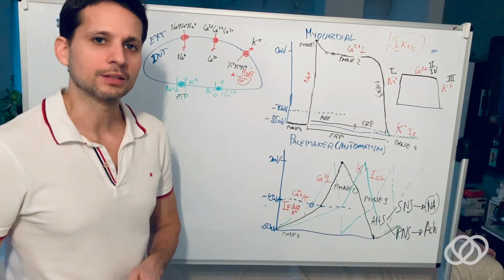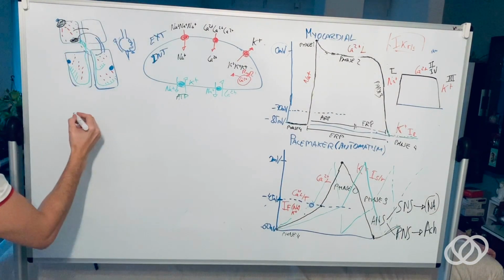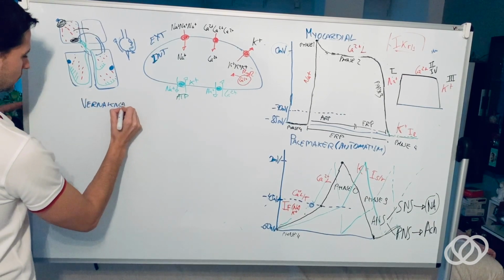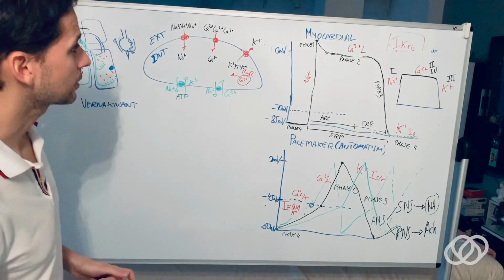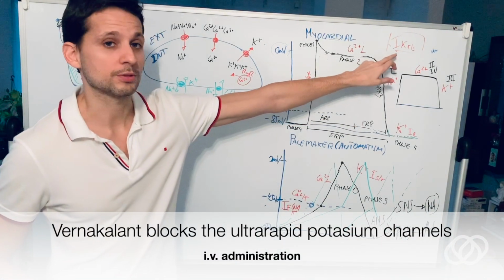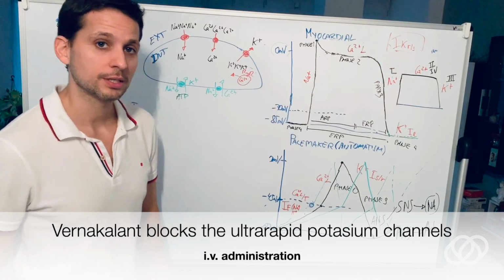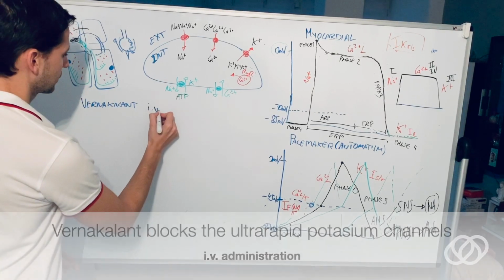Another drug in the class 3 of anti-arrhythmic drugs is called vernakalant. It also blocks the potassium channels, but the ultra rapid potassium channels, so it is given intravenously.